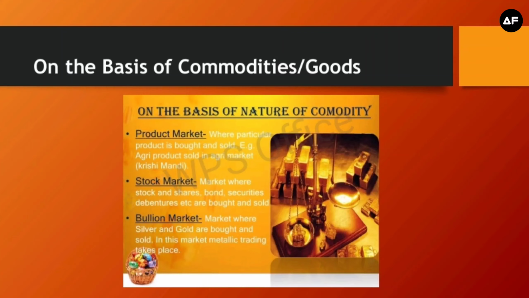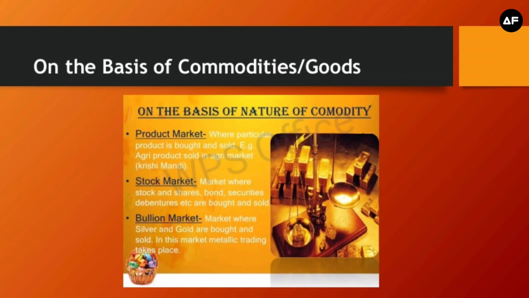So, commodity market. What is this commodity market? It is a place where produced goods or consumption goods are being sold, right? So, first let's get into the product exchange market. The product exchange market is a market where commodities or agricultural products are being sold.